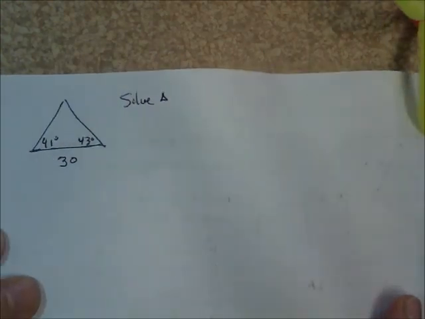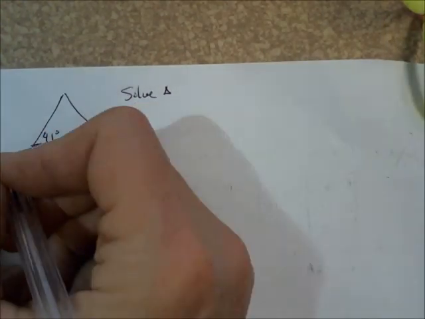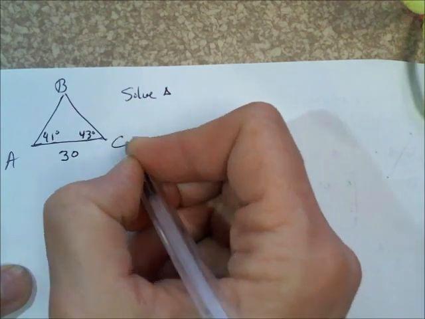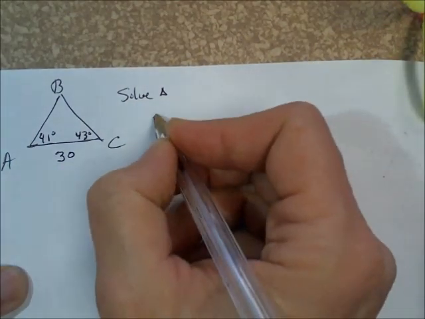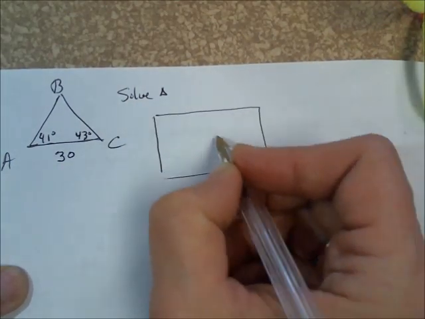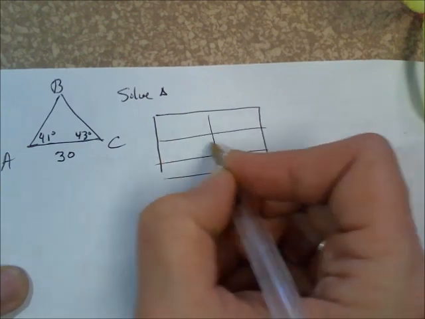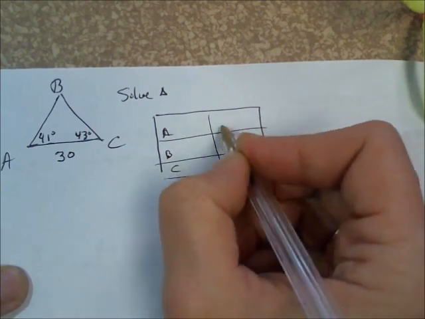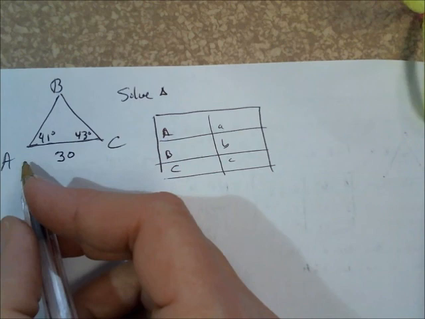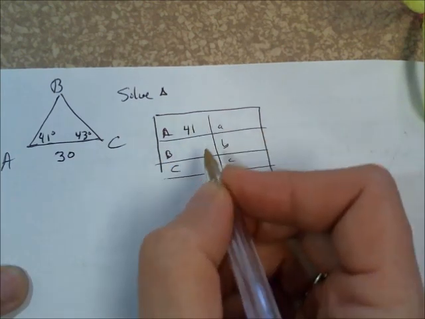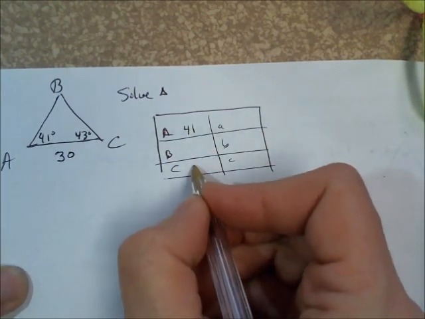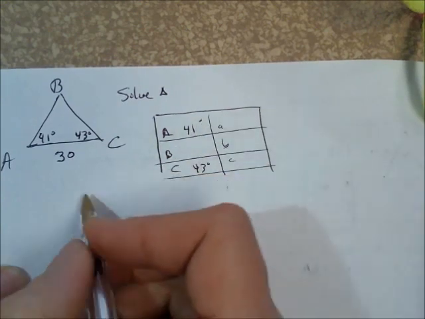So let's call it ABC. Let's set up the chart, see what we have. Angle A is 41. Angle C is 43 degrees.